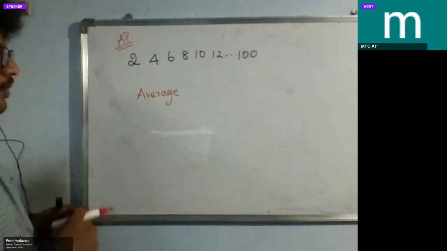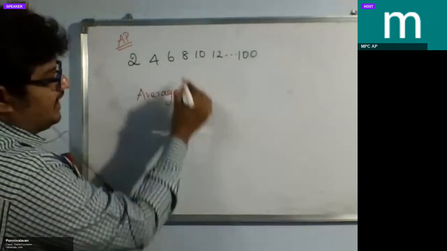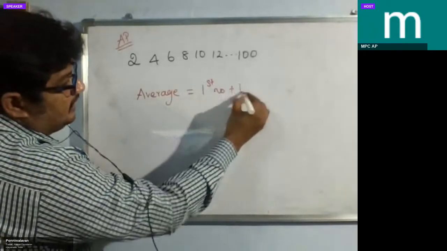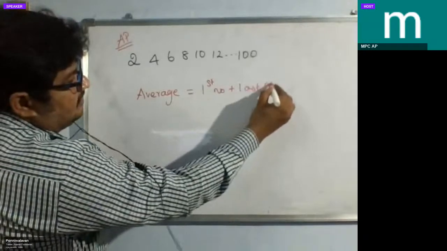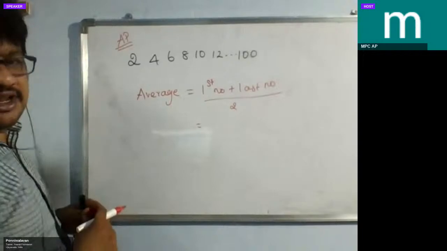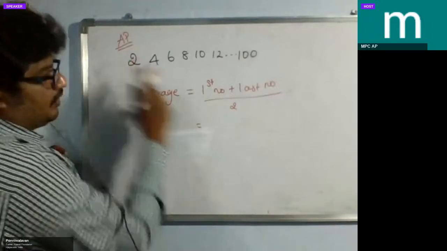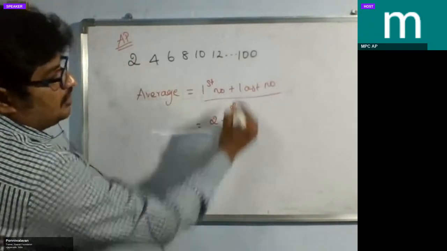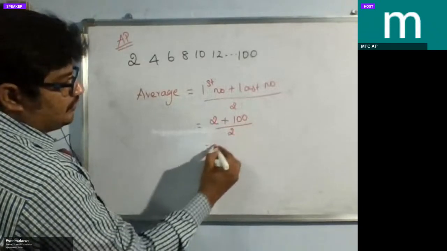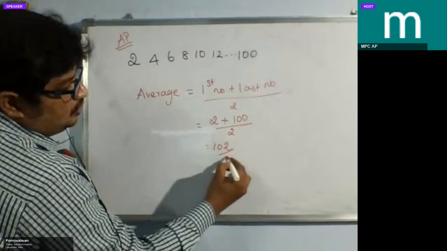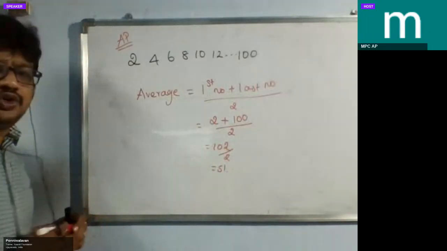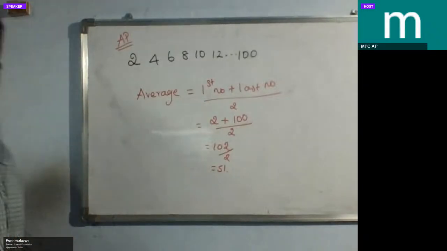Yes, very good, Rupa. So if it is AP, average is first number plus last number divided by 2. What is first number? 2. What is last number? 100. So 102 divided by 2, 51.